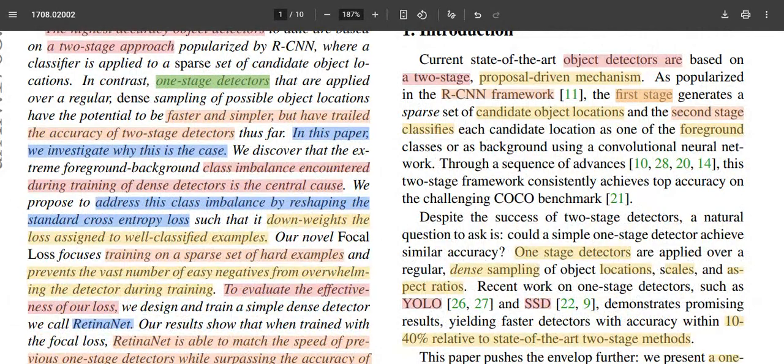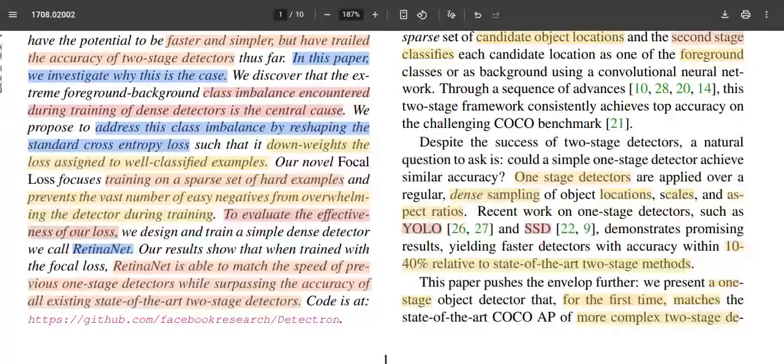There is another type of deep learning based object detection called single stage detectors like YOLO or SSD, where it is not necessary to use a separate algorithm like selective search for generating object locations.